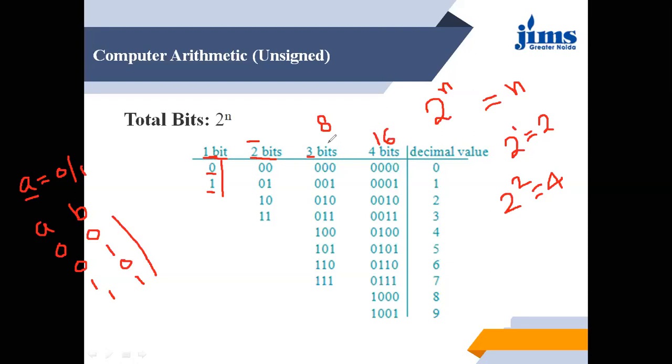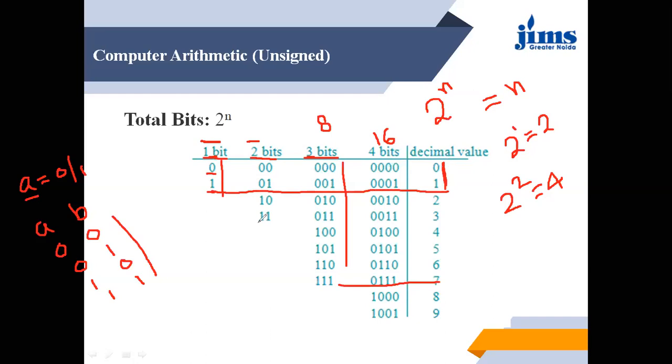As we see, when we have 3 bits, I can write a number from 000 to 7. When I have a 1-bit number, I can write a value from 0 to 1.